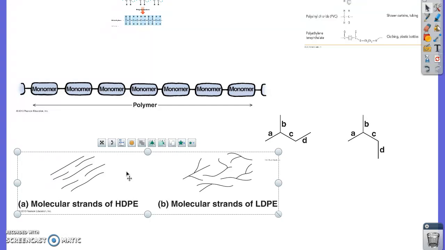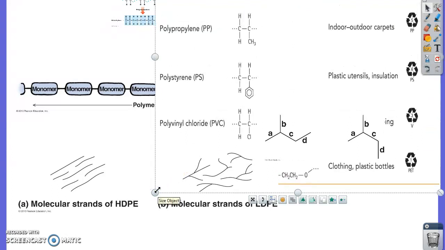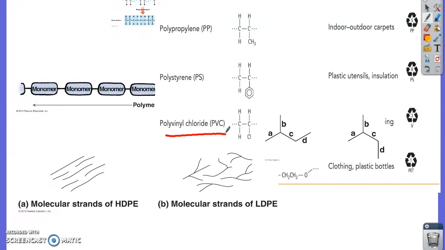PVC, polyvinyl chloride, is another example that we use for lots of different things. Notice here's the little code we talked about, HDPE and so forth, and these tell you what can be recycled and what cannot.